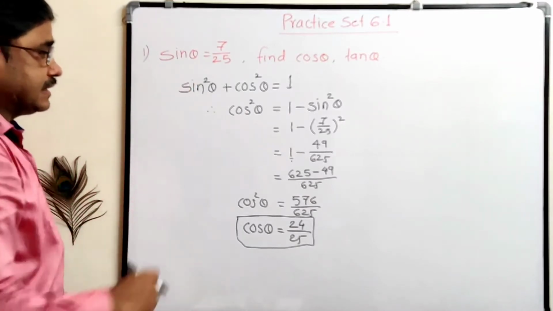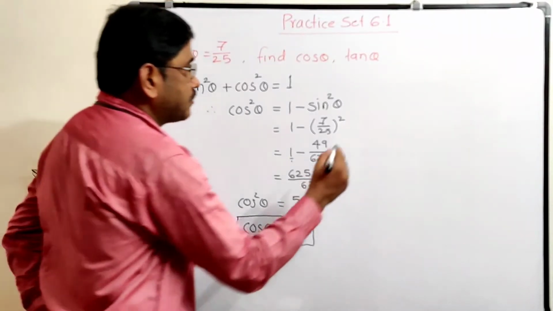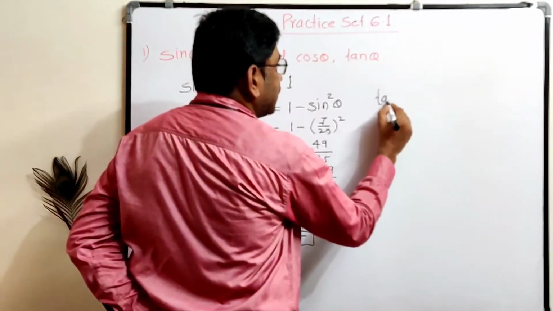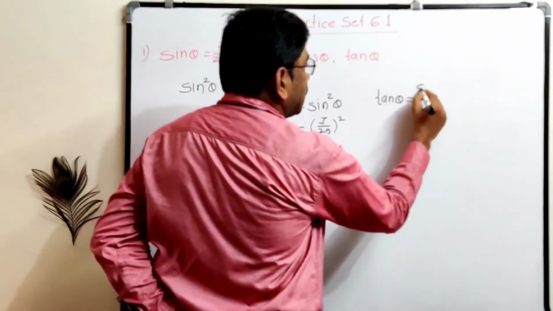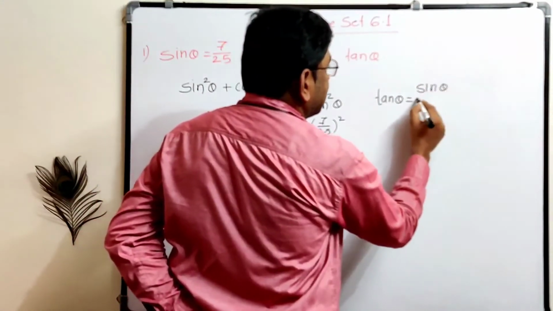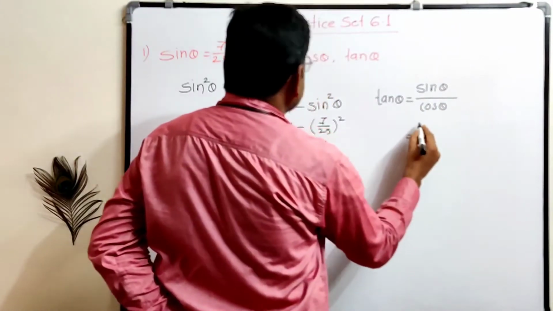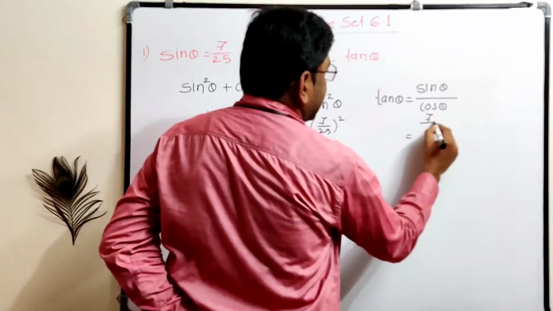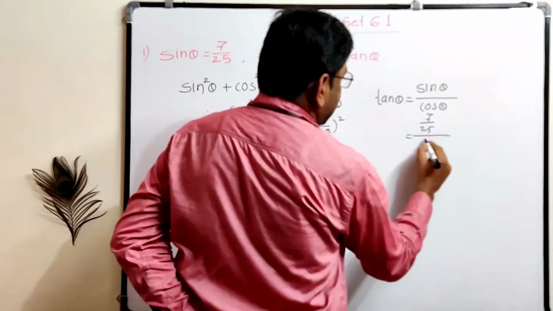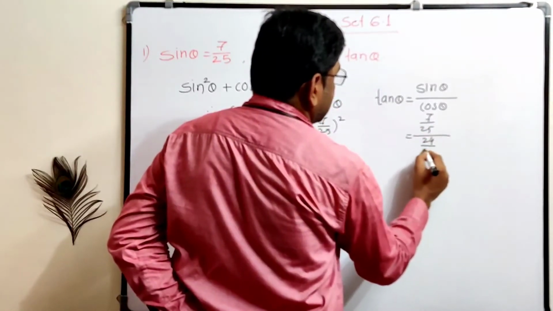Now second one, tan theta. We have to find, you know the formula. Tan theta is equal to sin theta divided by cos theta. So write the value of sin theta is 7 upon 25 divided by 24 by 25.